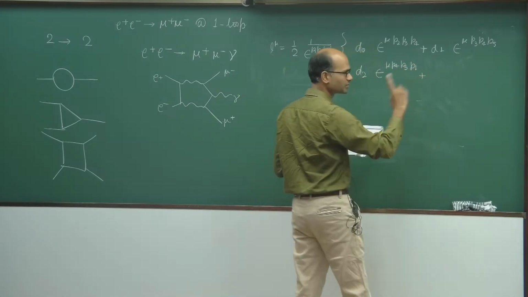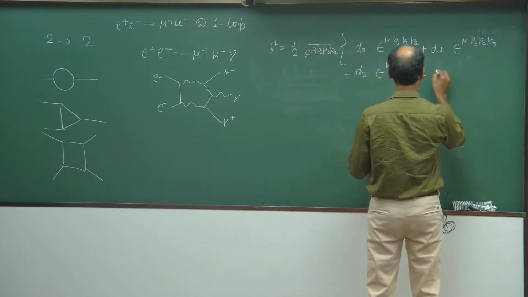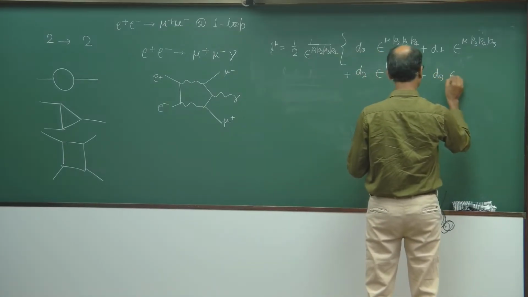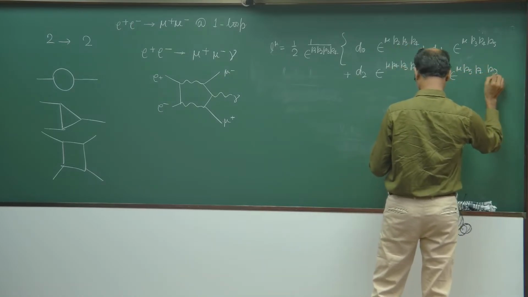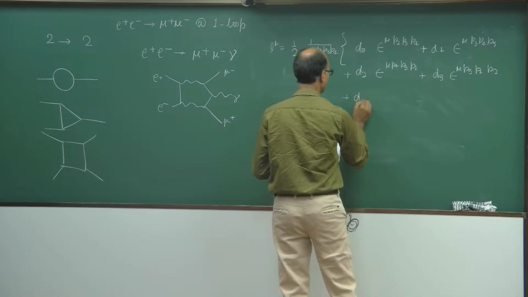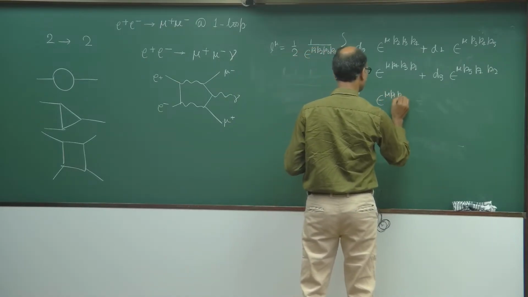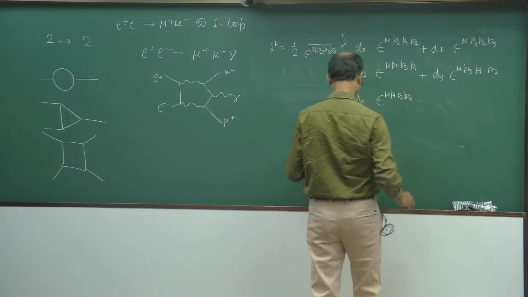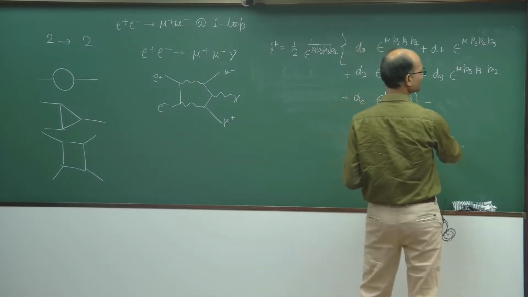You can use the cyclicity and you would be able to write everything. You don't need to compute. d3 epsilon mu p5, p1, p2 plus d4 epsilon mu p1, p2, p3, and this term.